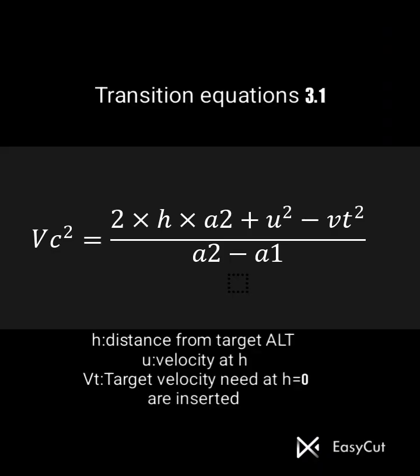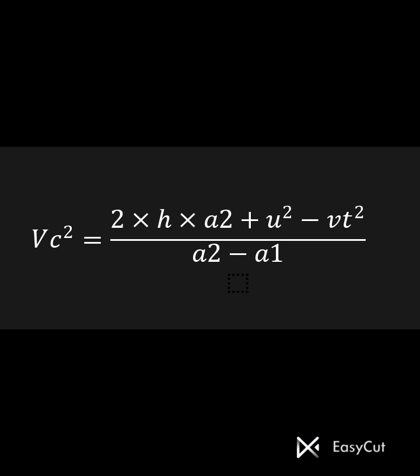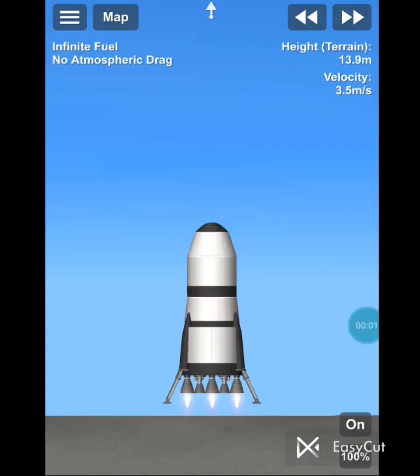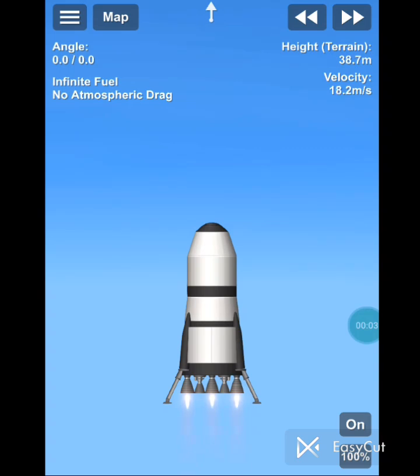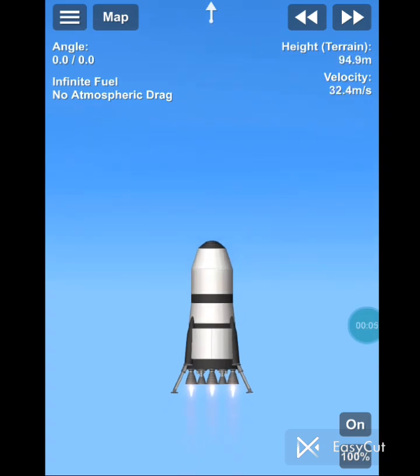The value of hu at an instant on its journey is inserted to calculate the transition velocity. This equation is applicable for an accelerating craft to switch to a large acceleration to achieve the target velocity at a target position.